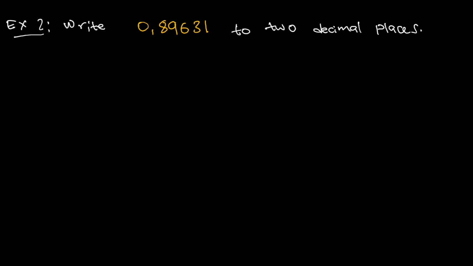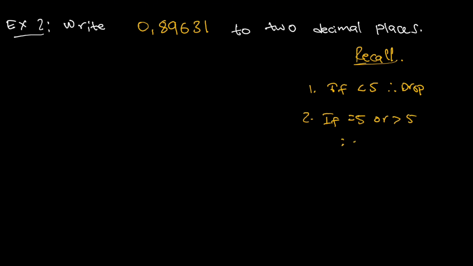Let's recall our conditions. Condition 1, if less than 5, what do we do? We drop. Then condition 2, if equal to 5 or greater than 5, what do we do? We add 1.